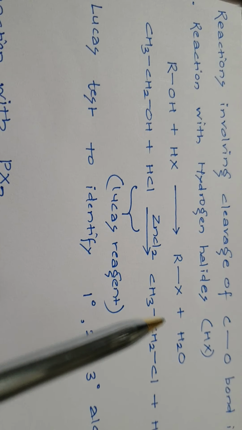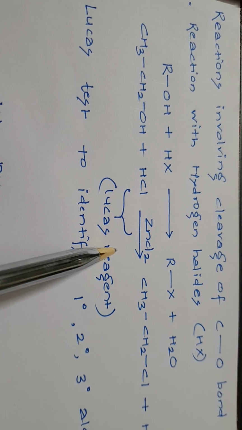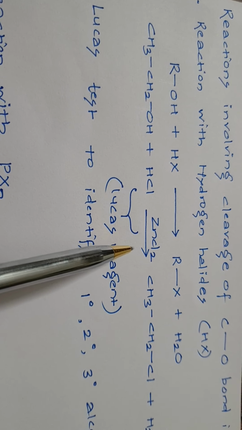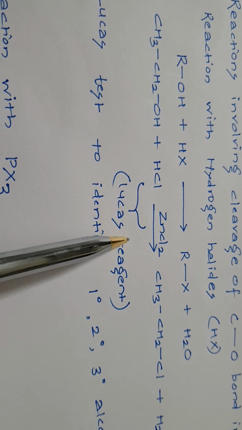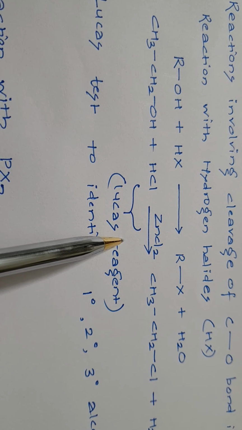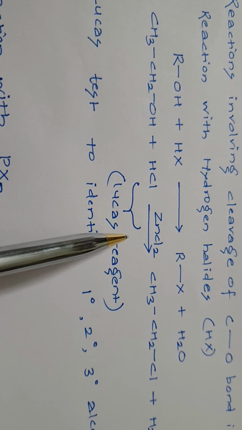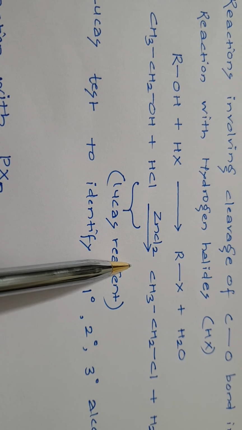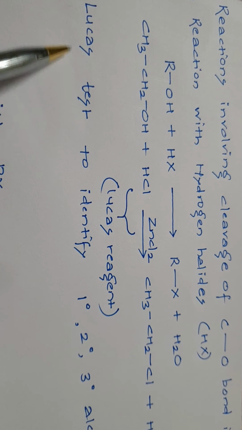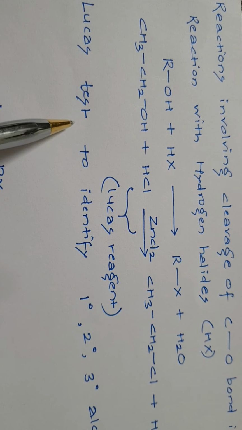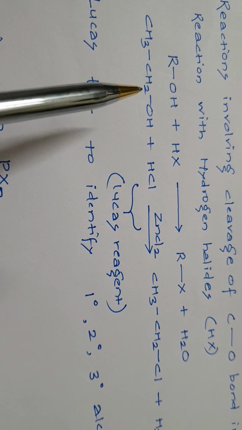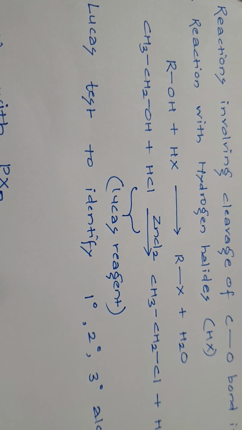Okay. Now, this is a very simple reaction which we see over here. Of course, we can always refer to the earlier reaction which we have seen in the preparation of haloalkanes. Know that the use of this Lucas reagent is carried out in a test which is called the Lucas test, and the Lucas test is the one which is used to identify primary, secondary and tertiary alcohol.